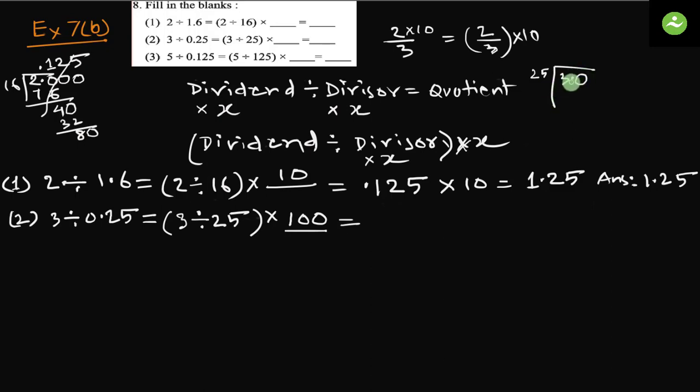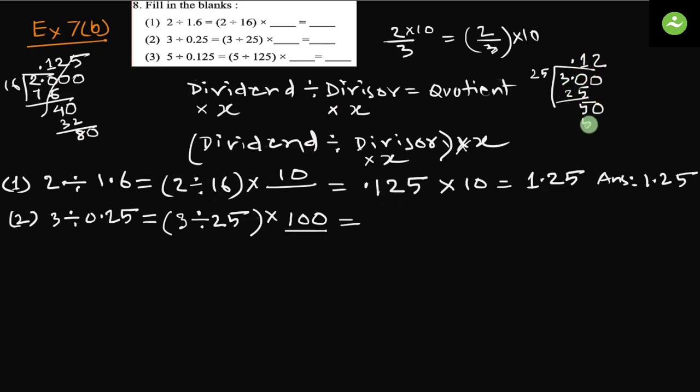Consider the digit next to the decimal point. We must put a decimal point here. So 25 into 1 is 25. 5. Bring 0 from here. 2.